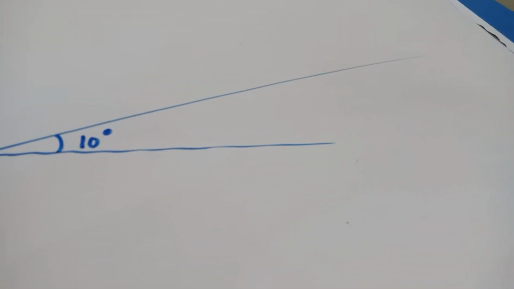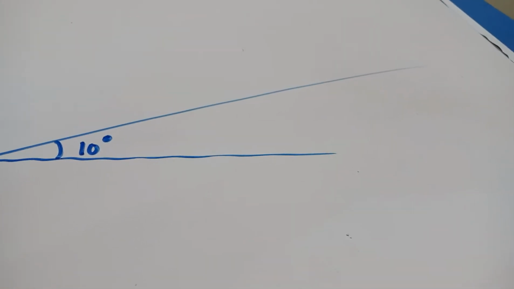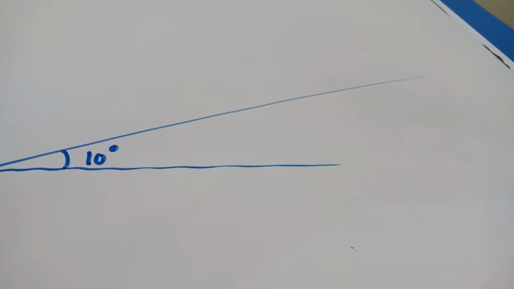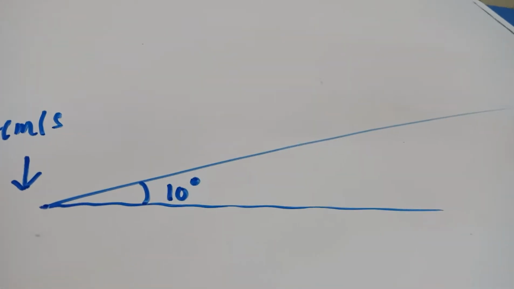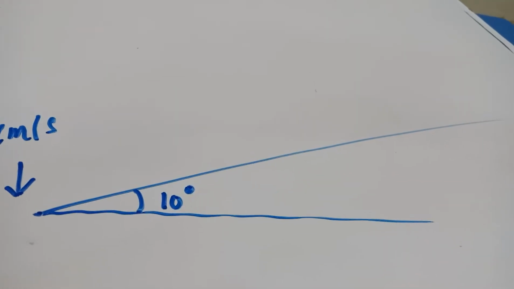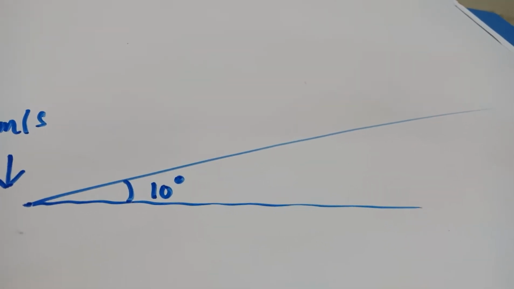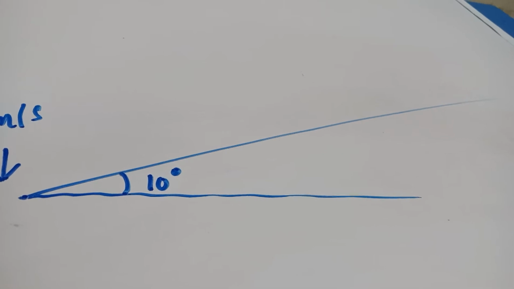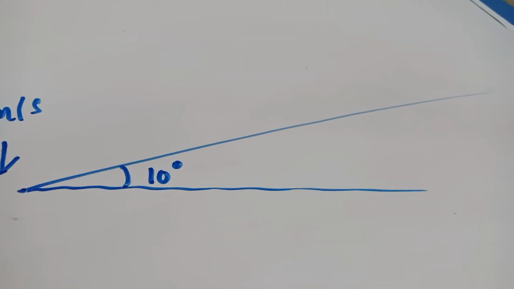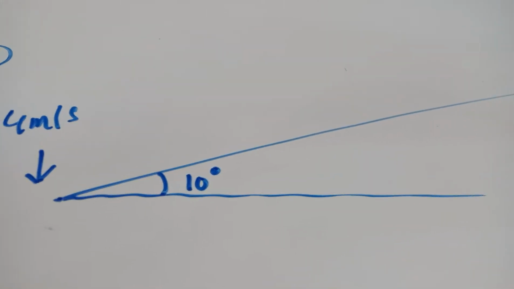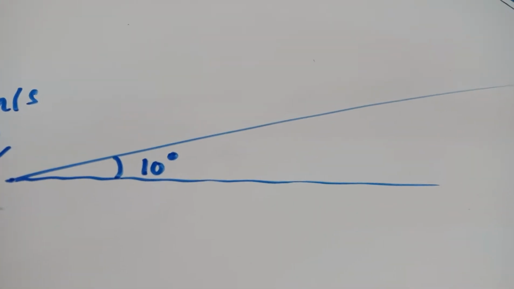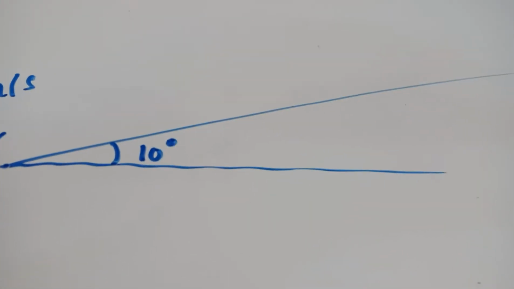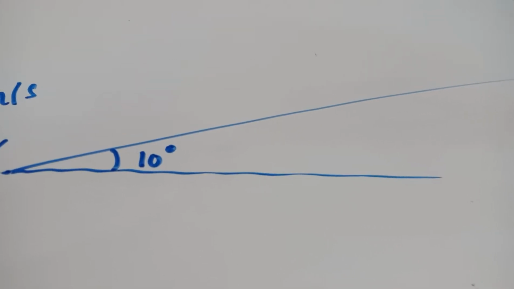Then he says find the maximum distance up the slope the ball reaches. Now please remember, whenever we are asked to find the maximum distance or the maximum height, we should remember that when an object reaches the maximum distance, there the speed is 0.